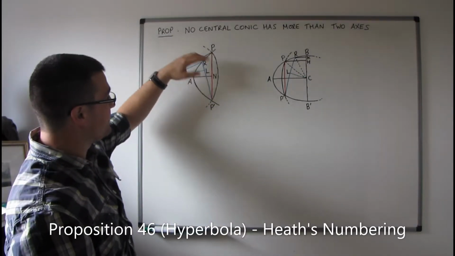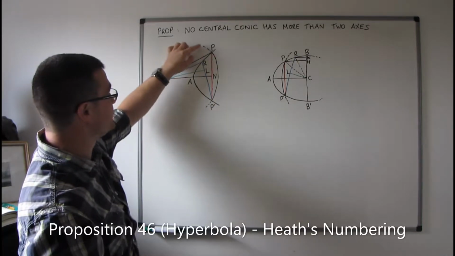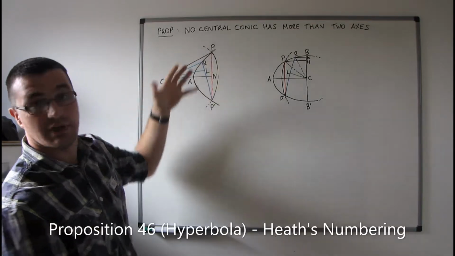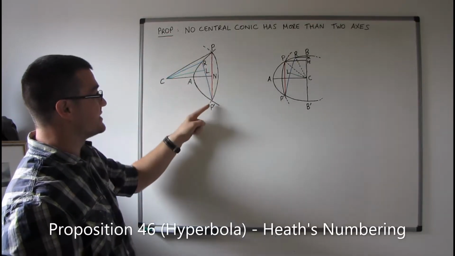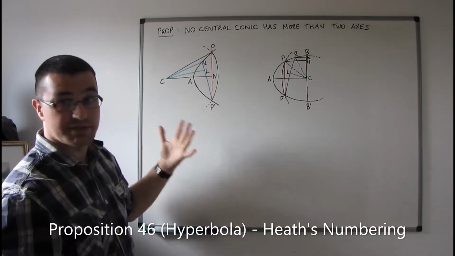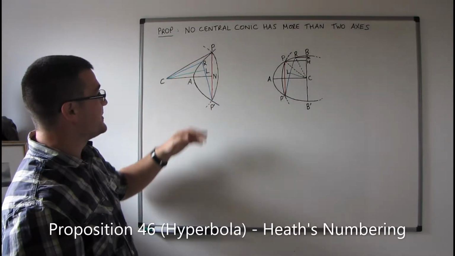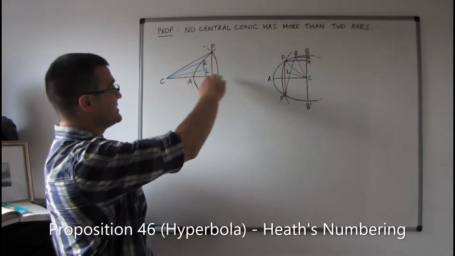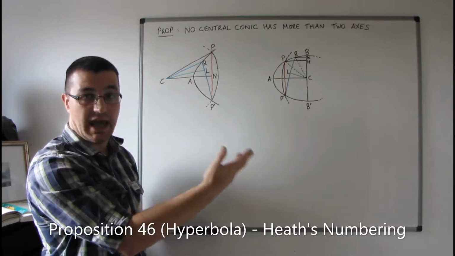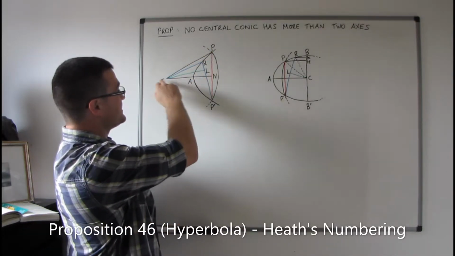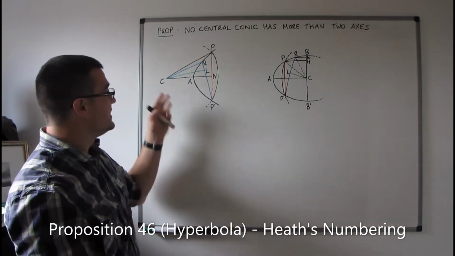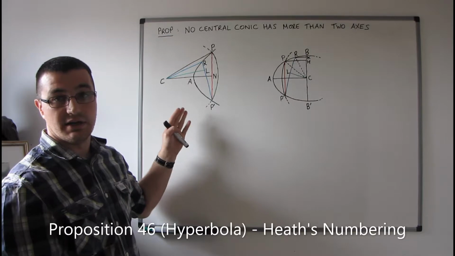I've not drawn the whole thing in here because it would be too big otherwise, but this is an arc of that circle, so it intersects the hyperbola also at this other point P' down here. And just as before, we join those 2 points PP' and bisect PP' at N, and CN is the perpendicular bisector, and that is, just as in proposition 45, an axis of this hyperbola.